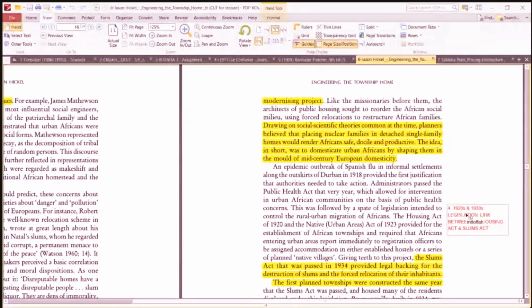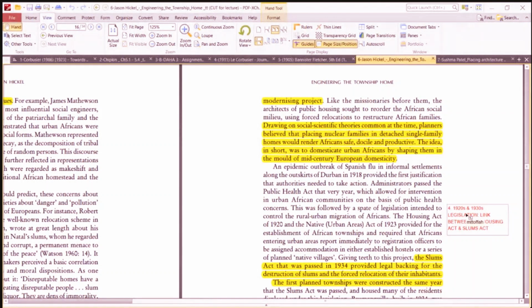That is all over South Africa today. Every single city has got a segregated black township. Every single city in South Africa, every single town in South Africa. Jason Hickel is trying to trace the historical origins of that. What ideas produced that? Why did the colonial government want to produce townships, segregated townships for black people?